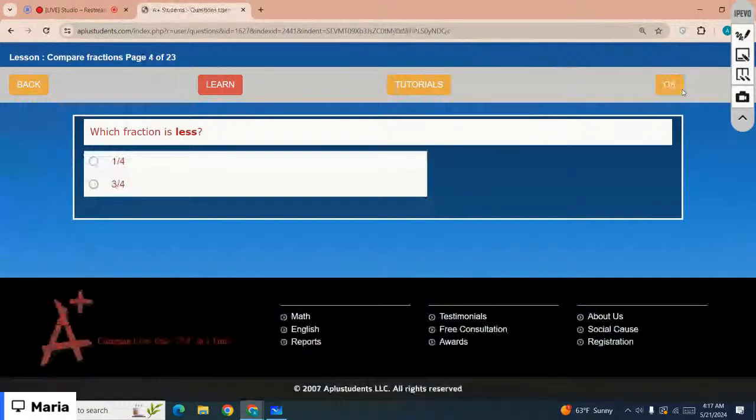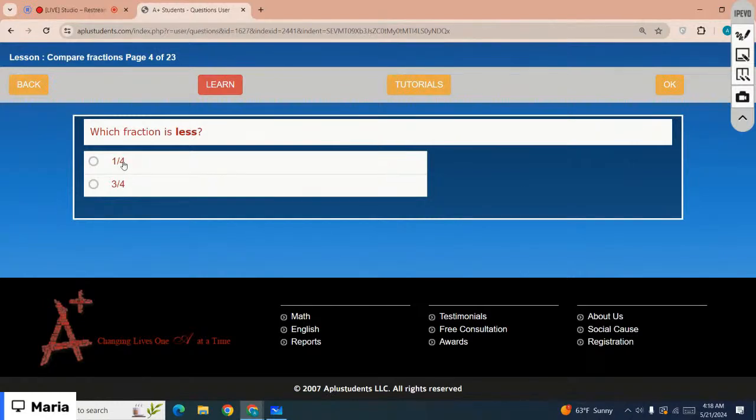Which fraction is less? Which is the correct option? 1 by 4 is less than 3 by 4.